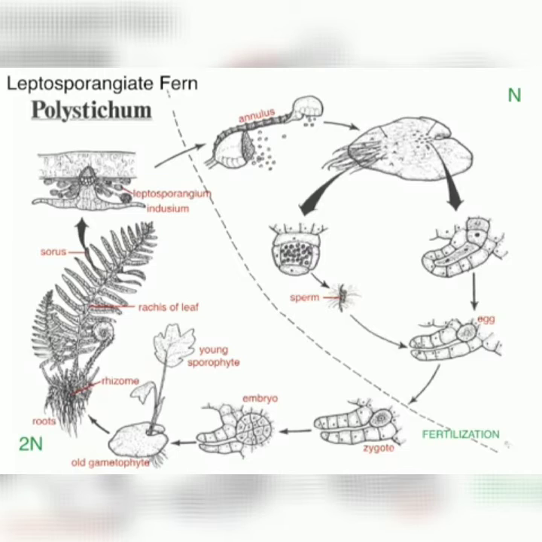If we look closely at one of these leptosporangia, we can see that in Polystichum and a great many other ferns, there's an annulus on one side, and that annulus consists of some cells that are very thick-walled in most sides, but they're thin-walled on another side. What that means is that as they dry, the water inside of them pulls back, and it makes the thin-walled places shrink, and it causes the thick-walled places to be under strain.